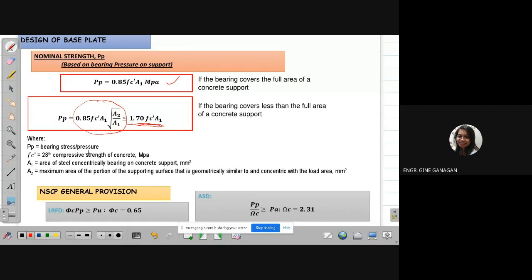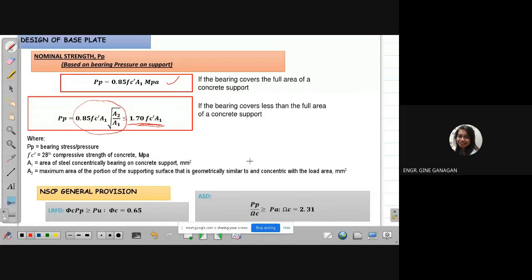So meron tayong notations dito. Yung Pp natin, yung nominal strength pa lang ito sa bearing pressure. Okay? And then yung fc' natin is the 28-day compressive strength of concrete. This is in MPa.